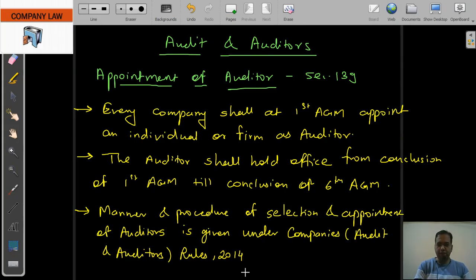It says that a company which is required to appoint an audit committee, the competent authority is the audit committee. It shall take into consideration the qualification and experience of the auditor, and where the audit committee is not required, the board of directors will do so. Then it will give the recommendation to the shareholders of the company, and the shareholders will appoint the auditor. That is the process given under the Companies Act and the rules made thereunder.